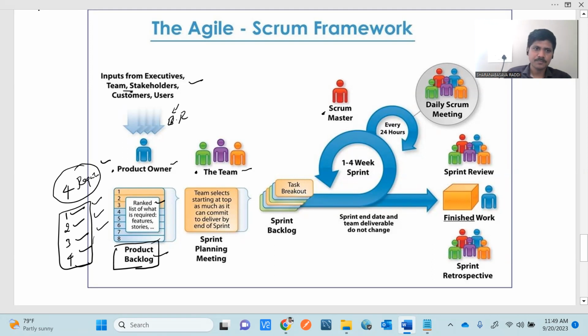Okay, so previously we were just having the requirements, but in the Agile Scrum framework, these requirements will be converted into epics and stories. We'll try to understand what is epic and what is story.